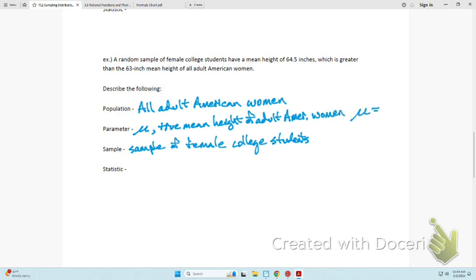We know it is 63 inches. For the statistic, we're talking about X bar. It is 64.5. Sample mean of female college students.